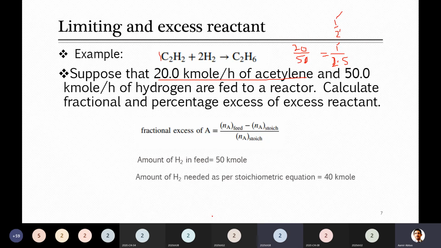Sir, because 20 moles of C2H2 is being used. And definitely, because in the question, one thing to remember here is that this reaction can be incomplete. First of all, you have to consider this reaction is complete. Complete means the limiting reactant is completely consumed.